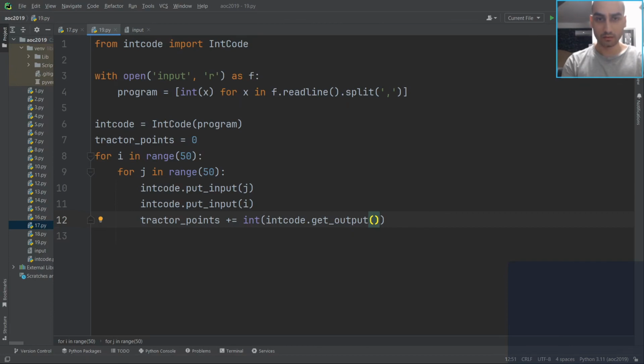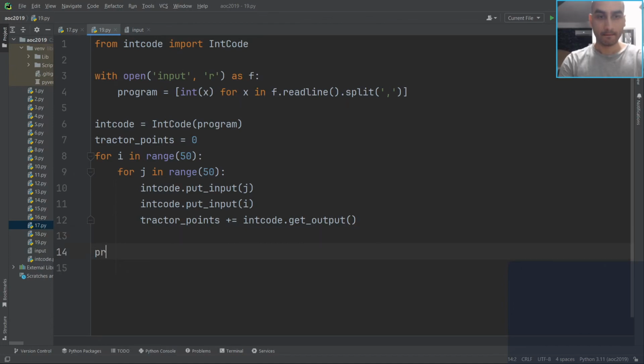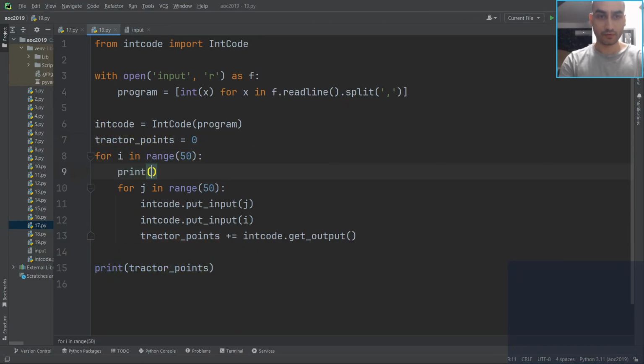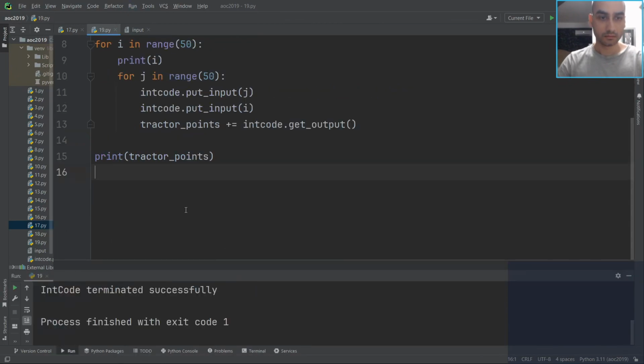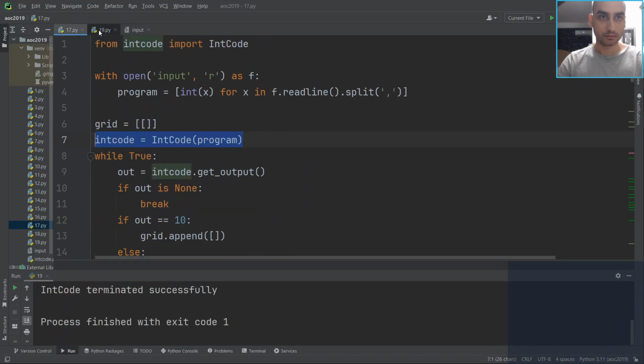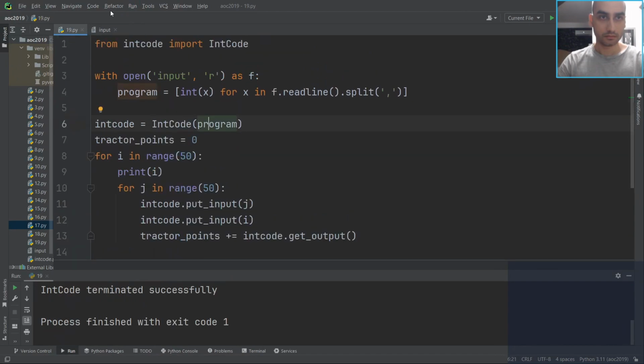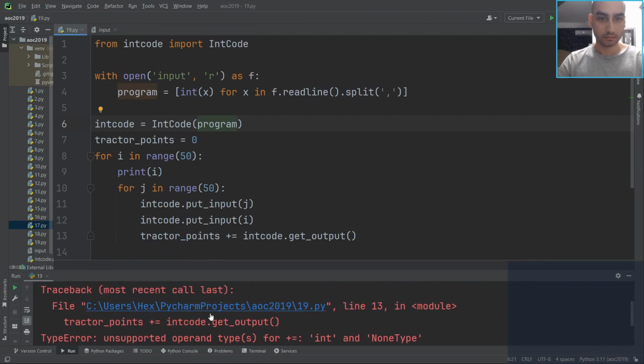It's going to be a 1 if it's a tractor, so do that. Print tractor points. Let's just print i. I want to see what progress we're making here. Plus equal none type. Ah.